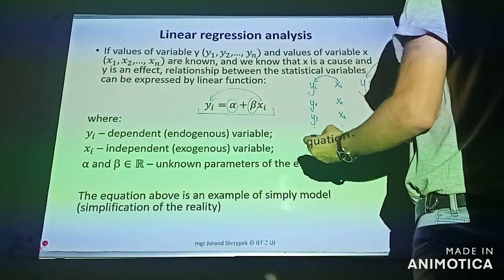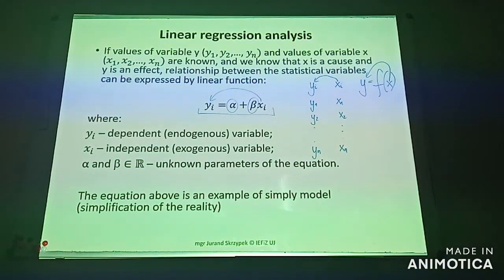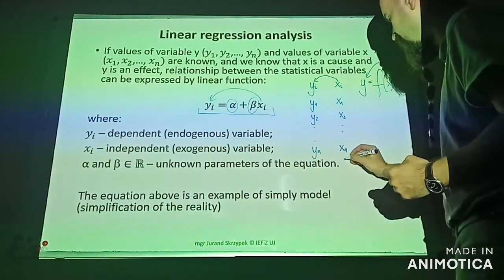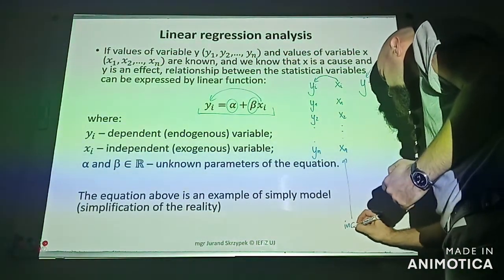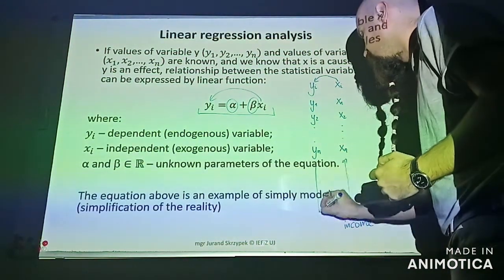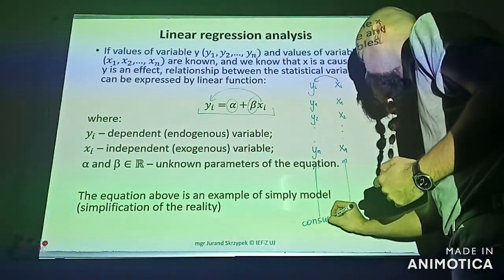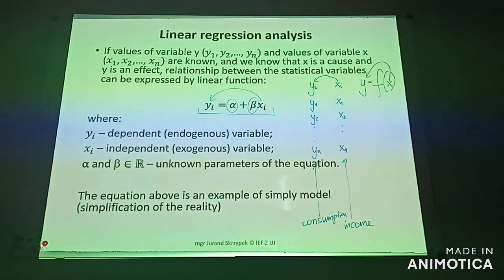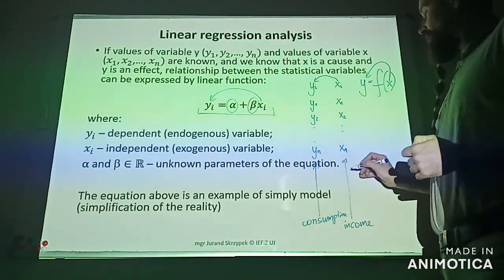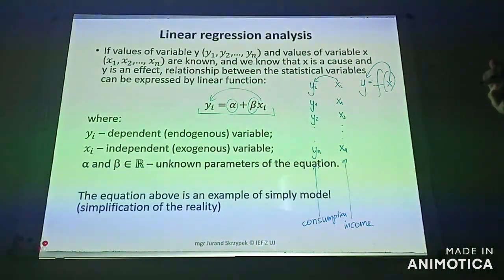The model is the simplification of the reality. Let's imagine that x is an income and y is consumption. Of course, income determines the level of consumption, not the other way around.